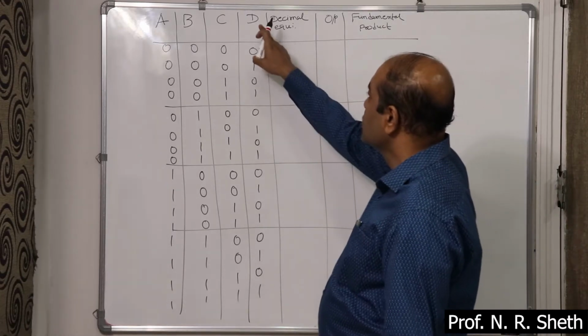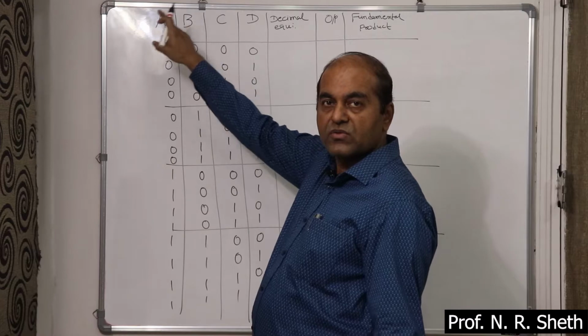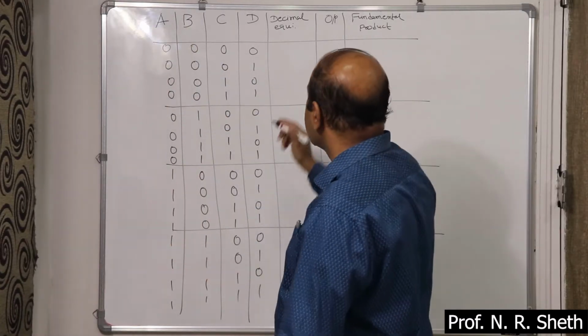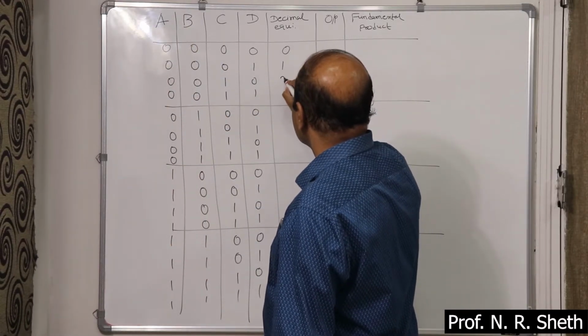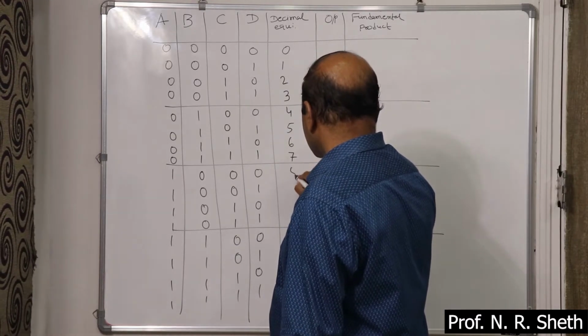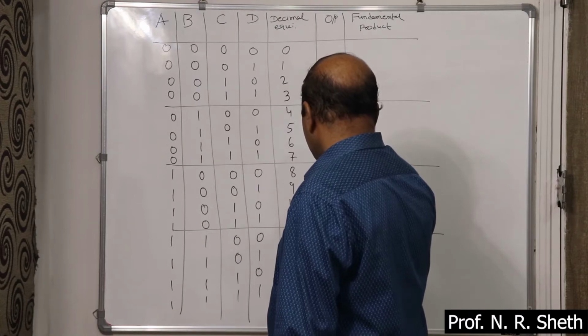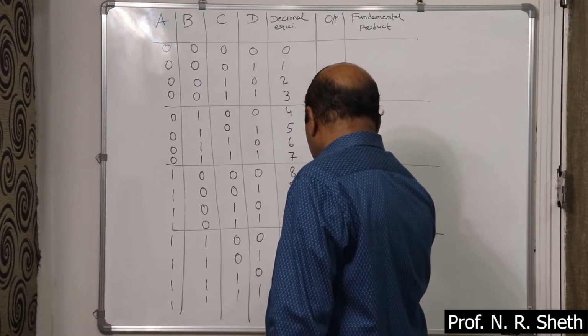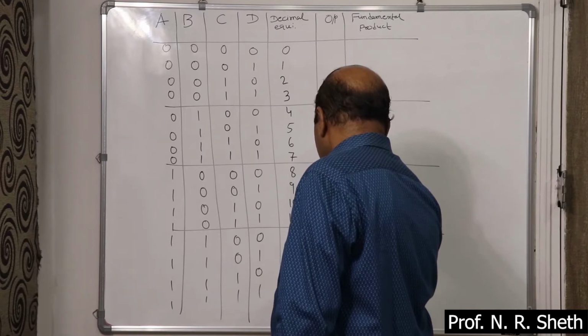Decimal equivalent: 2 raised to 0, 2 raised to 1, 2 raised to 2, 2 raised to 3. We have discussed this in the previous lectures. So it is in sequential order: 0, 1, 2, 3, 4, 5, 6, 7, 8, 9, 10, 11, 12, 13, 14 and 15.